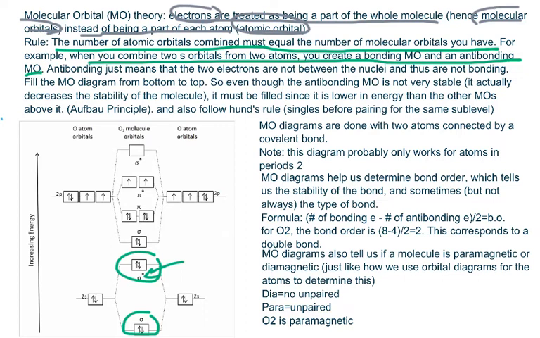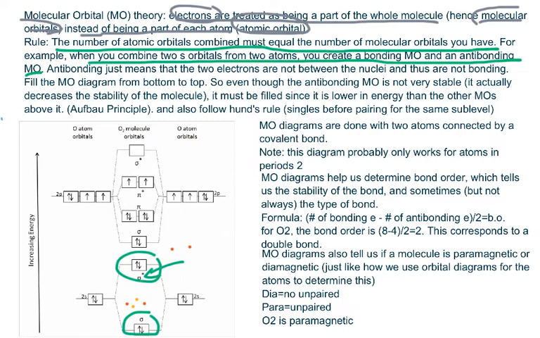Now, let's see how these things look. So I'm going to use the red to indicate the nucleus. So for the bonding MO, you will have two atoms, and the electrons will be right between them. Now, for an anti-bonding, as implied by the name, the electrons are not going to be bonding.